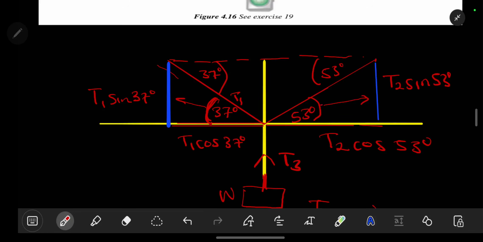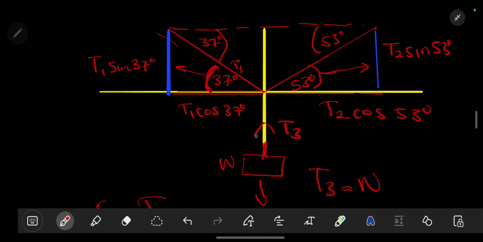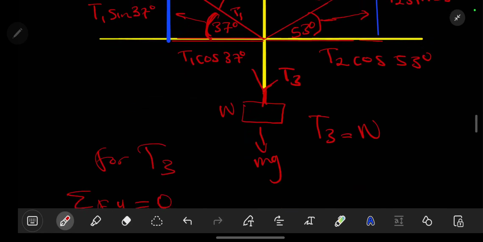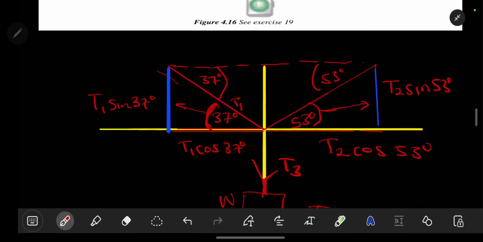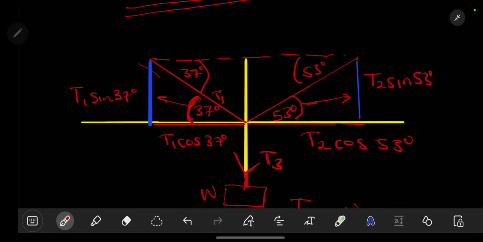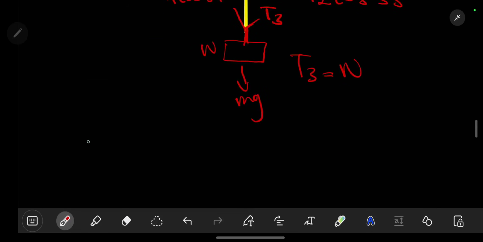First, let's come up with equations that will help us. So as you can see, now the way it is, if T3 is equal to the weight, it means to say here we are going to consider the weights to just be acting down like that. So now we are going to say the summation of forces for the entire system of forces in the y should be equal to 0.